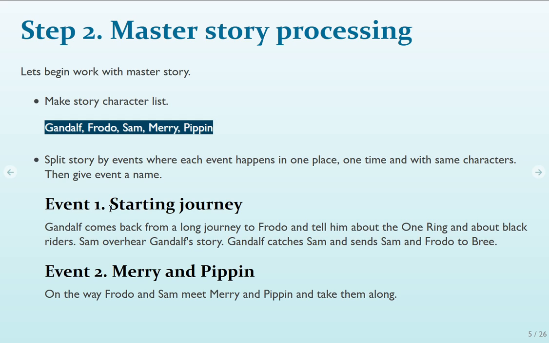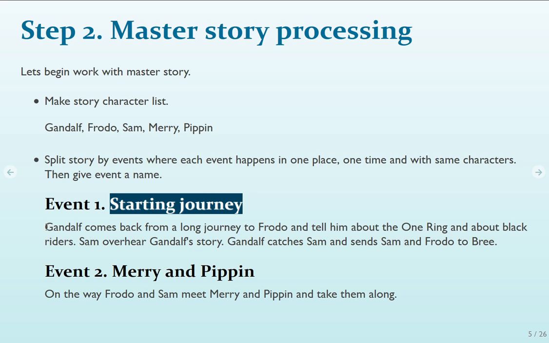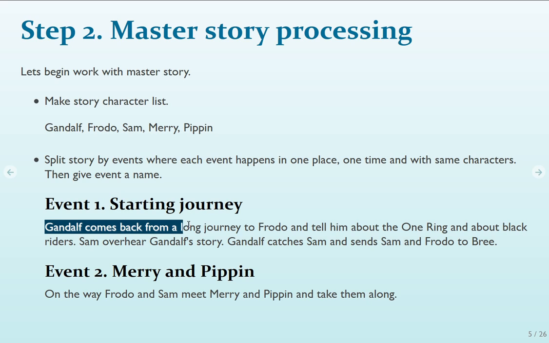The first event is starting the journey: Gandalf comes back from a long journey to Frodo, and Sam overhears, and Gandalf catches Sam. And the second event is the meeting of Merry and Pippin, when Frodo and Sam meet Merry and Pippin on acres.